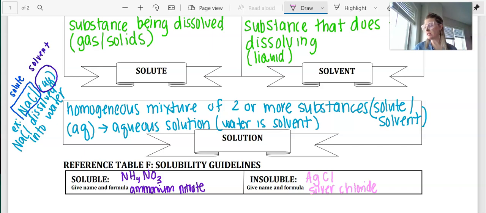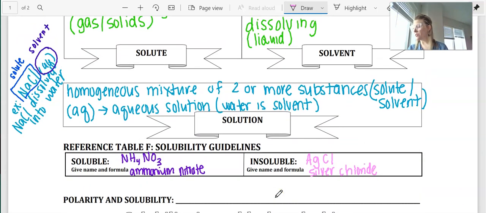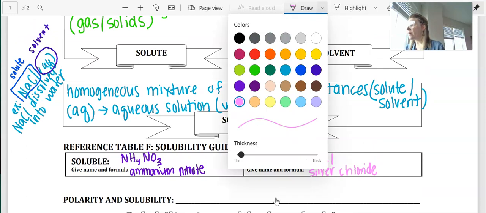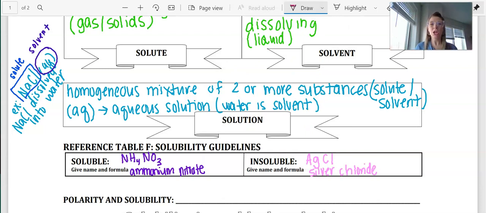Now, we've also talked about solubility in terms of polarity. So I want you to take a moment, pause the video, and think to yourself, what is the rule about polarity and solubility? All right, so welcome back. If you didn't pause and you're just following along, that's okay. Remember that when we were talking about molecular polarity, we talked about mixtures being able to come together when they had the phrase like dissolves like, okay?